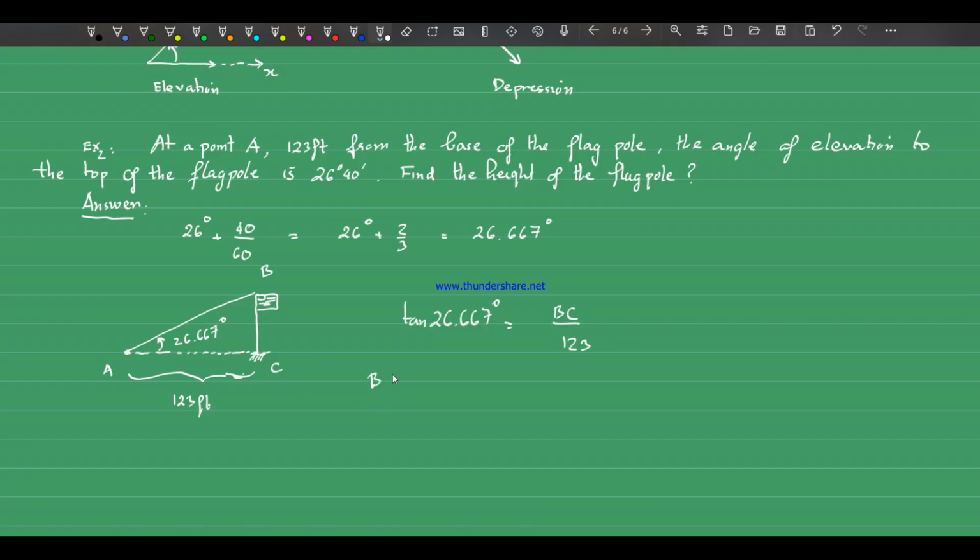So BC equals 123 multiplied by tangent 26.667 degrees. Gotta put it into the calculator, guys. Okay, go ahead and take tangent of that. Make sure you put the degree symbol. That's the degree symbol.